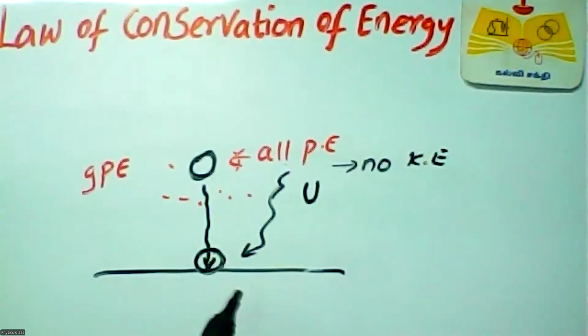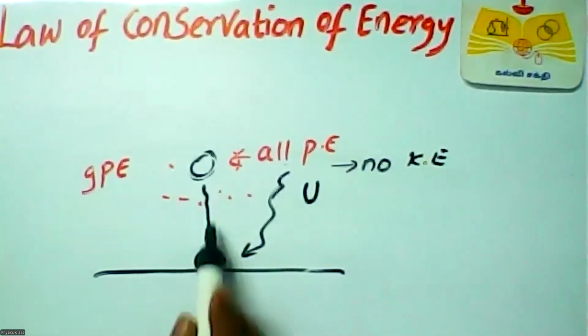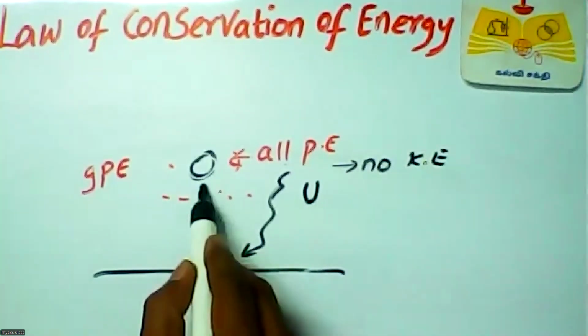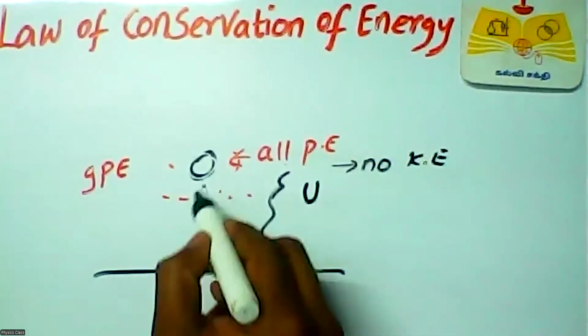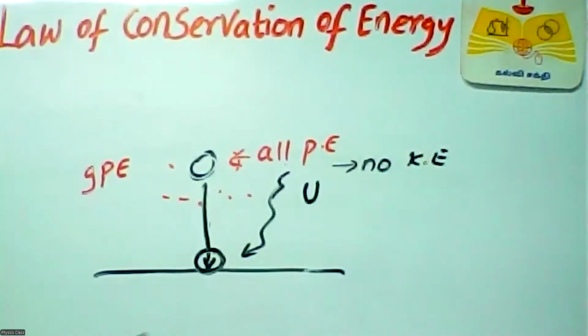Once it touches the ground, it is not stationary. Here it is stationary, and in the middle it is moving. Once it hits the earth's surface, it has no gravitational potential energy because there is no height. In this case it is going to have a lot of kinetic energy.